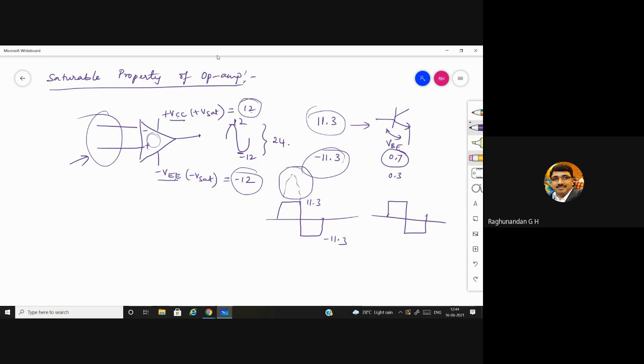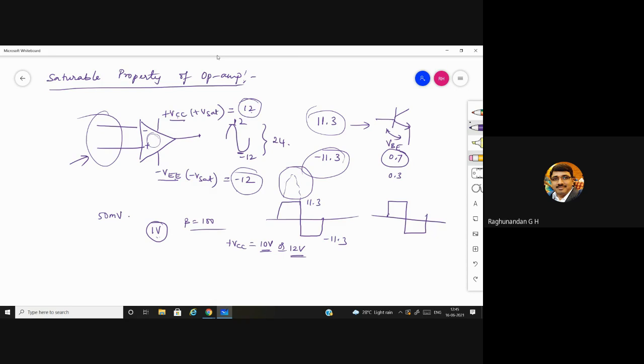That's why in the CE configuration open-ended experiment, I was telling you to just give 50 millivolt, don't give 1 volt. The transistor we were using had a beta factor of 100, so 100 times 1 volt, how much will it become? It cannot amplify that. Plus VCC, whatever we have assumed, is just 10 volts or 12 volts.